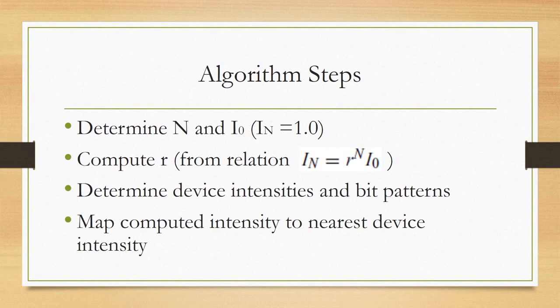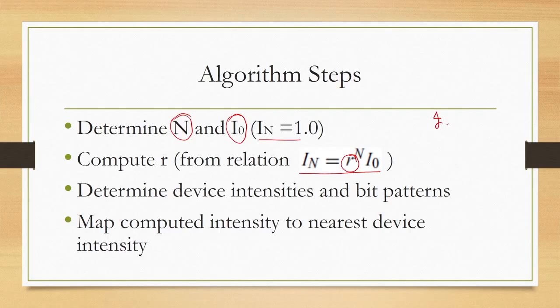So, then in summary what we do? We determine the value of n and the minimum value I 0 using photometer and assume I n to be 1.0, that is the maximum value to be 1.0. Then using the equation I n equal to R to the power n I 0, we solve for the value R. Then using the value of R, we calculate the device supported intensity values.